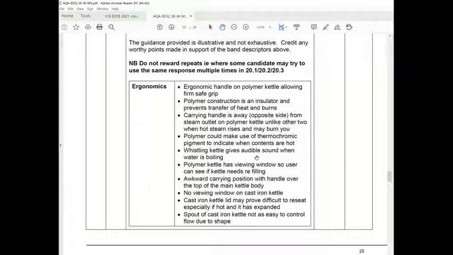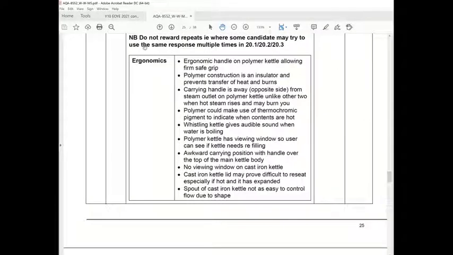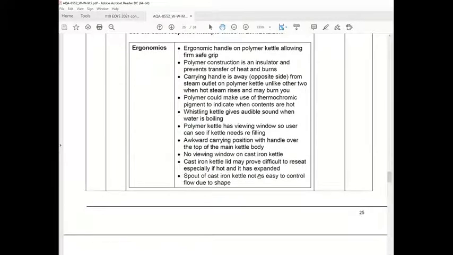Whistling kettle gives an audible sound, which is really good. Remember, ergonomics is your senses, so it's what it smells like, what it tastes like, what it looks like, how it reacts with all the senses. I've forgotten one of the senses there, haven't I? Awkward carrying position with handle over top of main kettle. No viewing window on cast. That makes it easier to use visually.